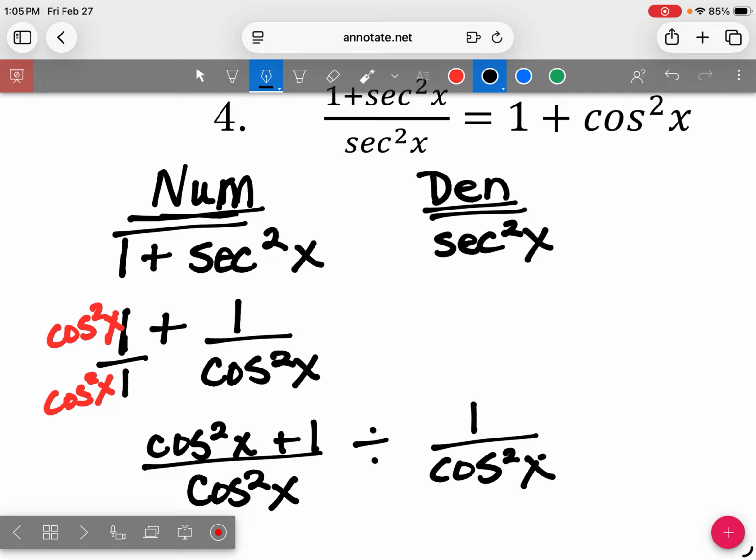All right, I'm dividing fractions. How do you divide fractions? Go ahead and do that. Okay, so then we do our keep, change, flip.